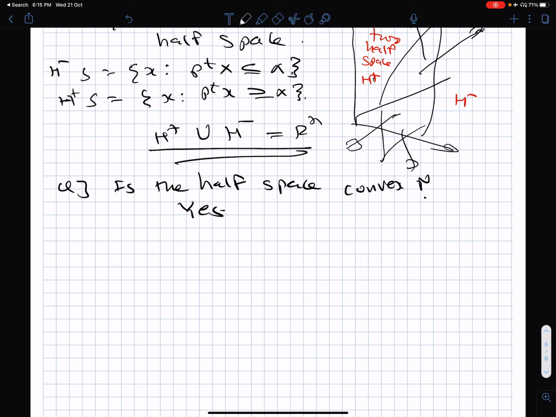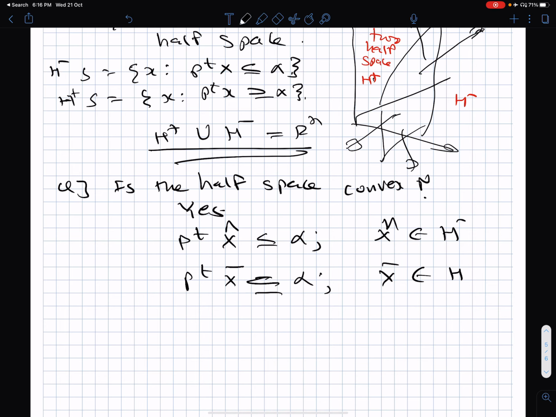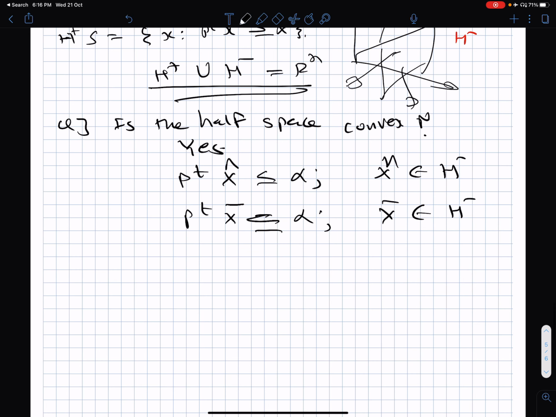But let's take one point, p transpose x bar less than or equal to alpha. So that means x bar comes from the half space H minus. Another point, x hat, also coming from the half space H minus.